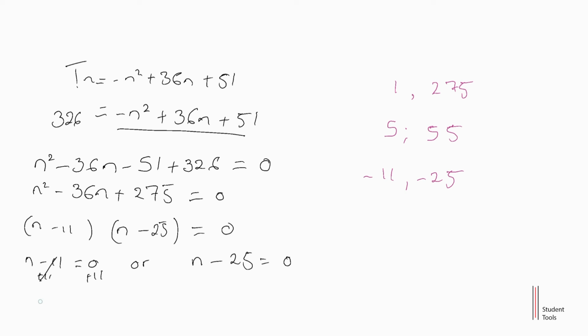This will be equal to 0 and will be equal to a positive 11. Again, this side, to make n the subject of the formula, we have to take negative 25 from the left hand side to the right hand side, so that is plus 25 and plus 25 here as well. This will be 0 and will be equal to a positive 25. So these are our values. n is equal to 11 or n is equal to 25.